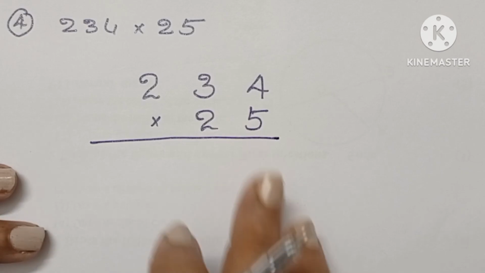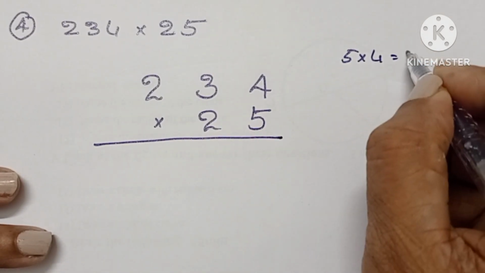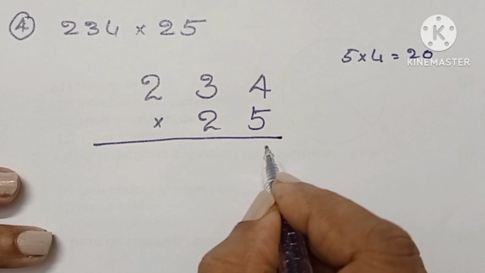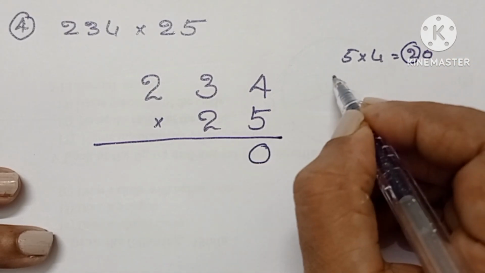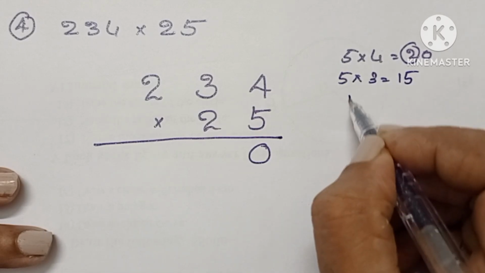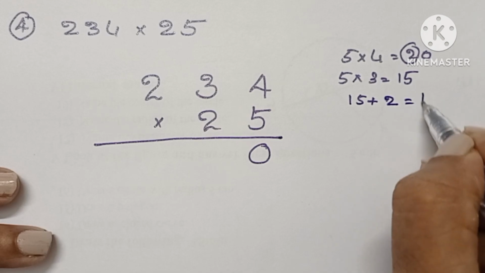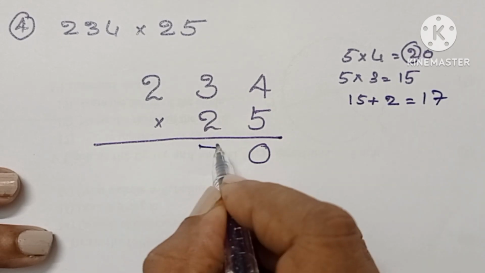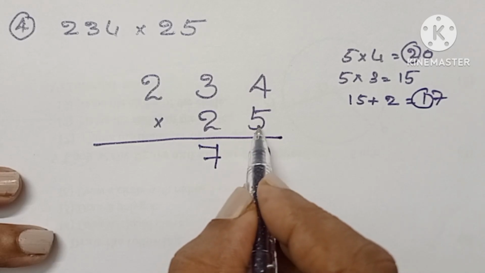First multiply with 5. 5 into 4, 20. 0 we are writing. 2 is carryover. 5 into 3, 15. 15 plus carryover 2, 17. 7 we are writing. 1 is the carryover.